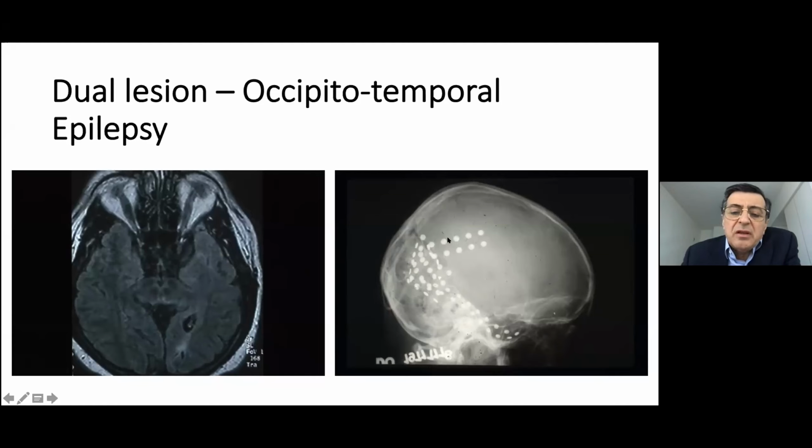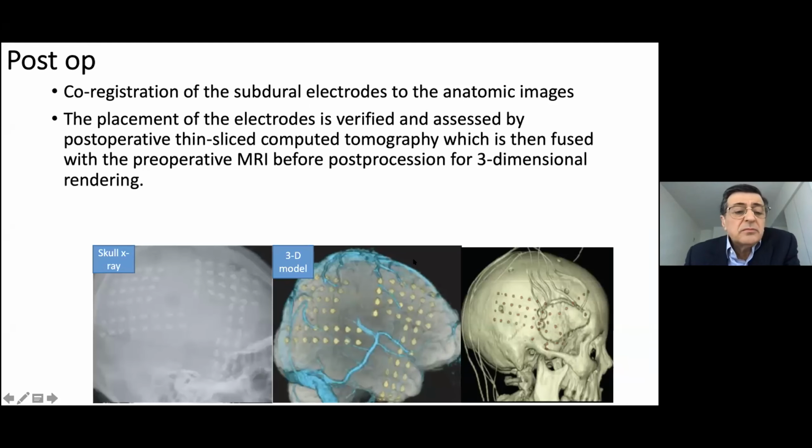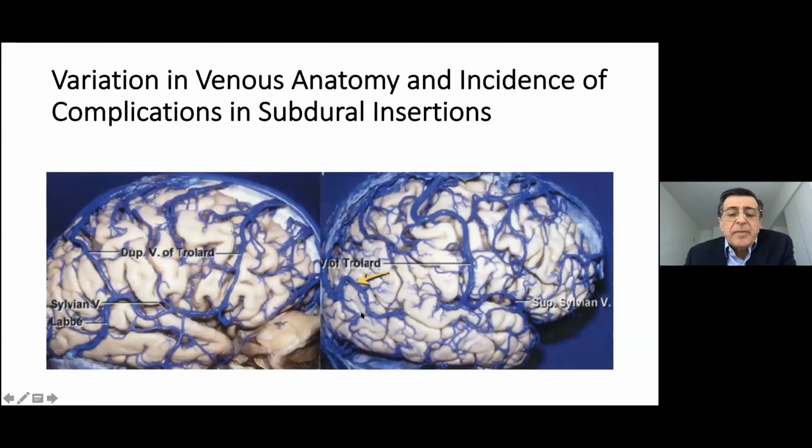This is the medial occipital interhemispheric electrode, and this is the electrode wrapping around the occipital lobe. Then co-registration of the subdural electrode to the anatomy is performed, and we obtain an MRI and reconstruct the MRI for identification of the placement of the electrodes.